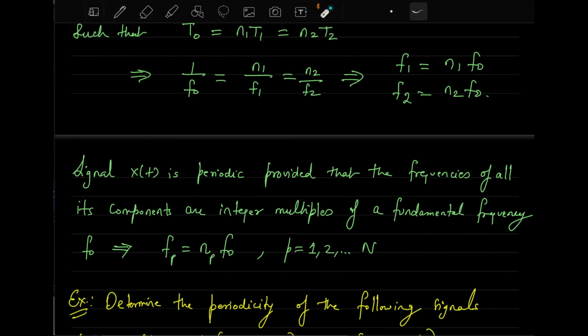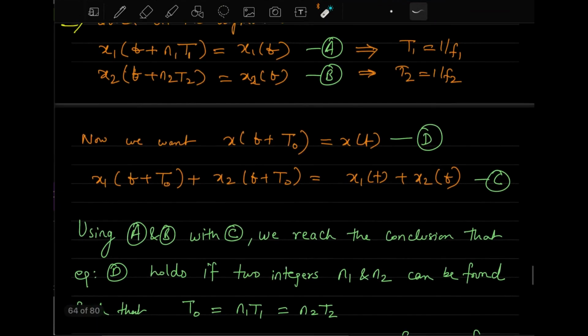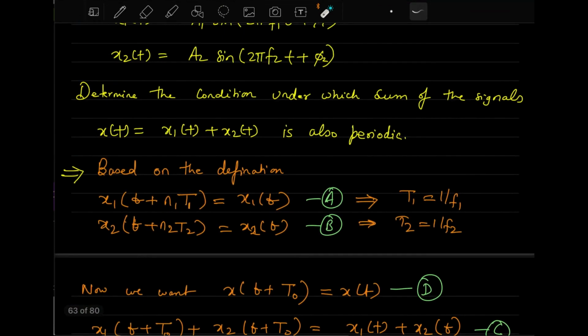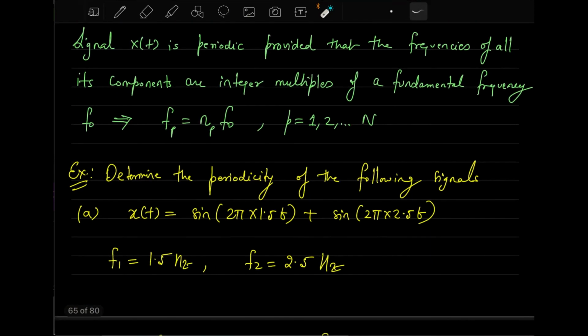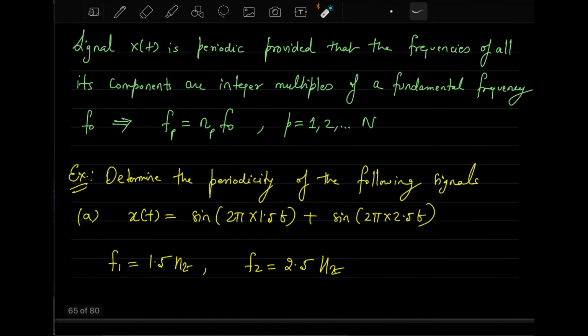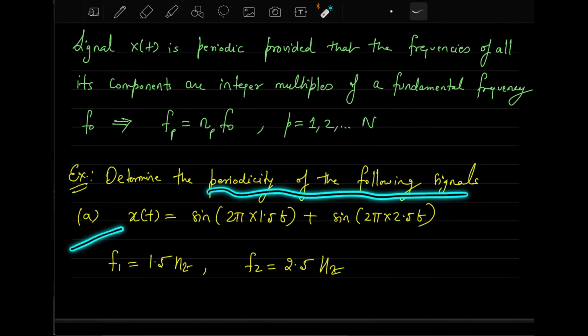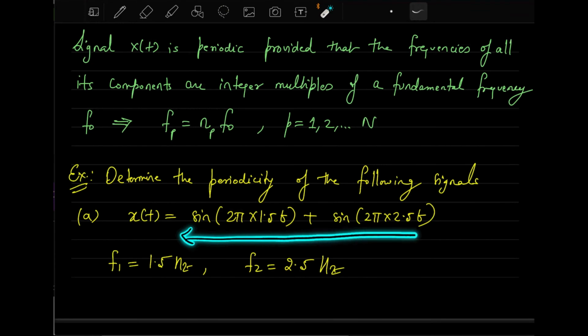So in order to concretely understand what's going on in this summation, let's do one example. Let us say you want to prove the periodicity of the following signal xt, which is defined by this.